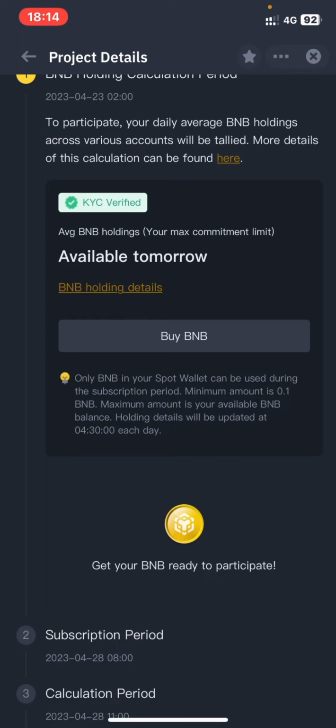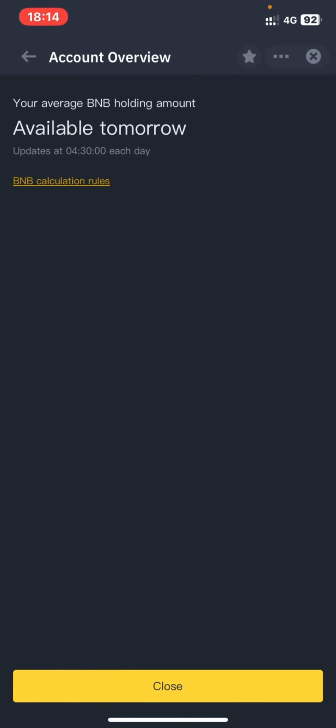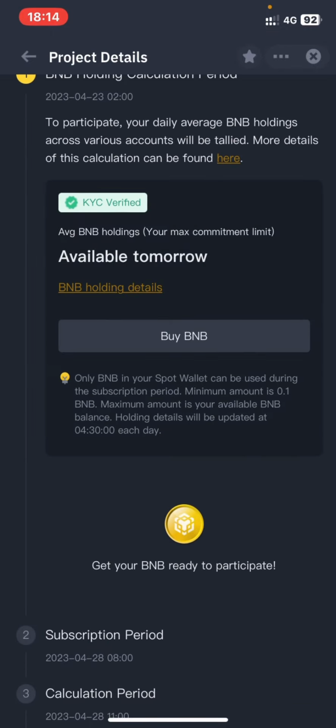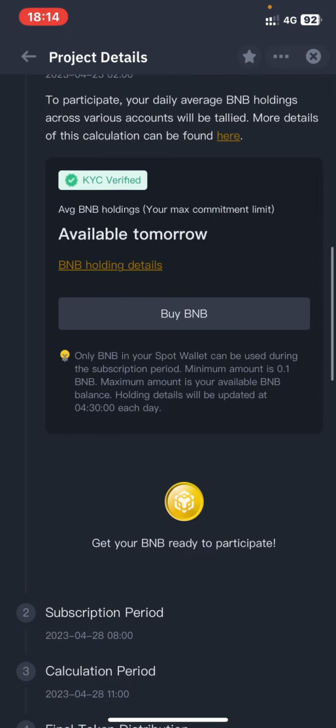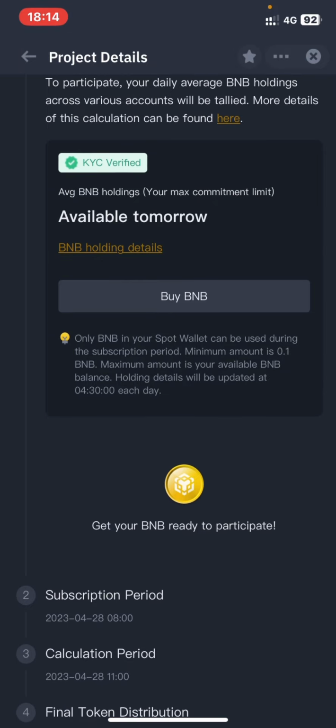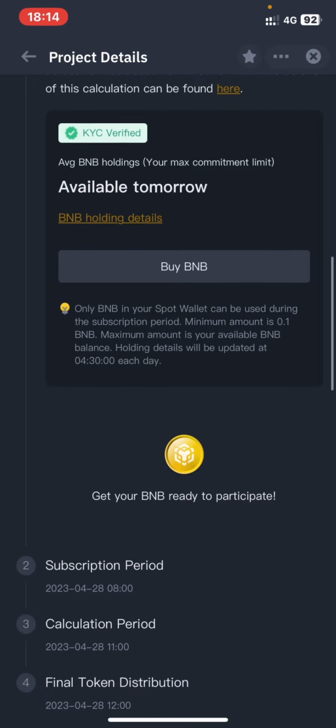So right here, I'm going to press this BNB holding details over here. Then right now, I have to come over here tomorrow to see my average holding. This is the place you find your average holding every hour, every day, once this starts. And it says over here, only BNB in your spot wallet can be used during the subscription period.